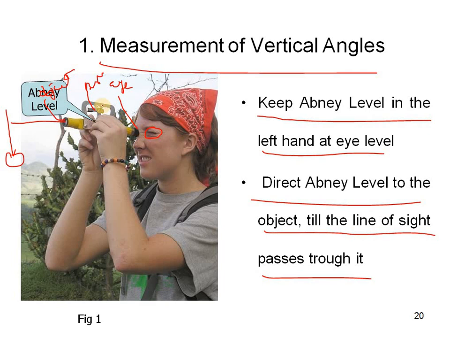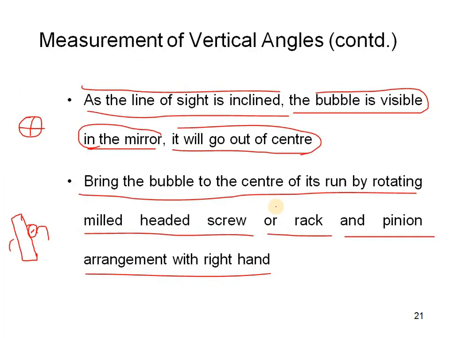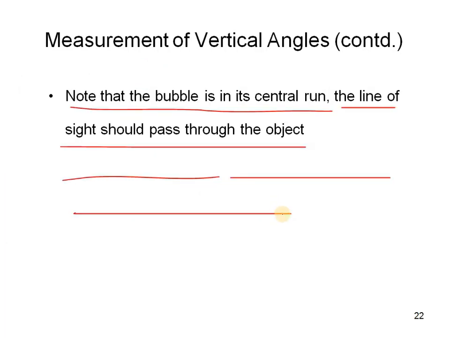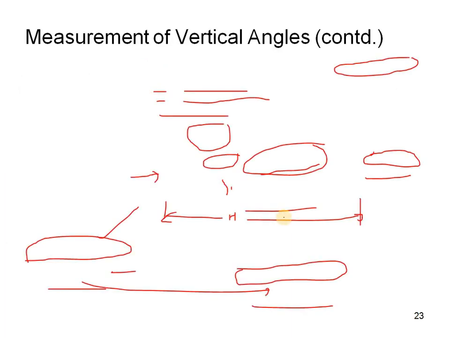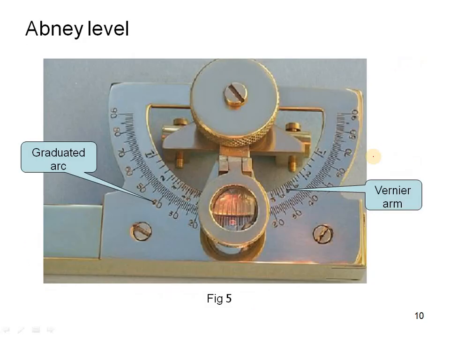In this way we have to use the Abney level. This is the requirement of the Abney level, compulsory. Moreover, this Abney level is a very frequently used instrument in surveying in all places. Whatever readings we see should be based on this.